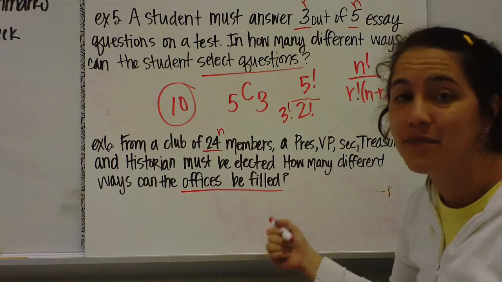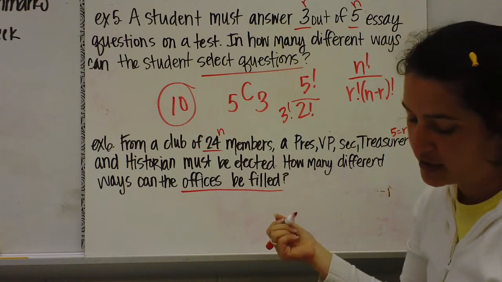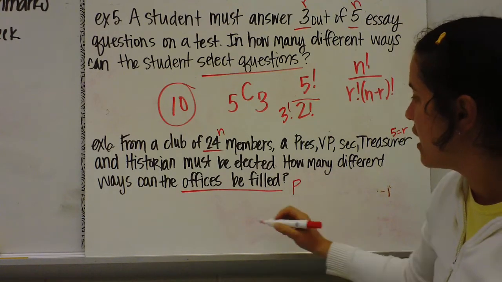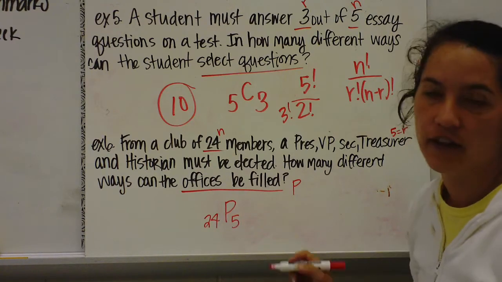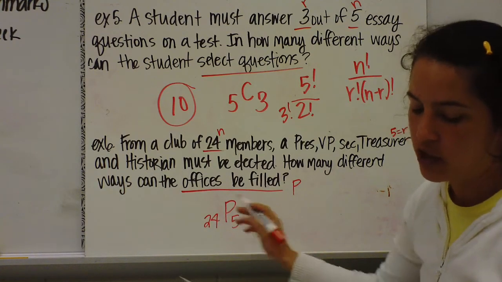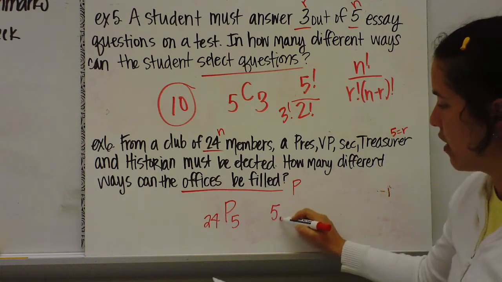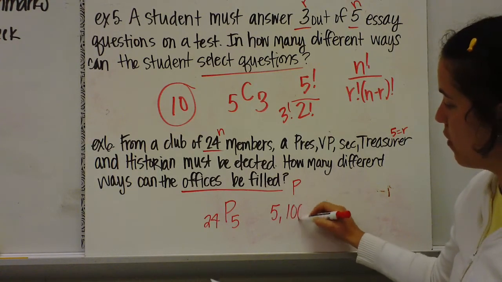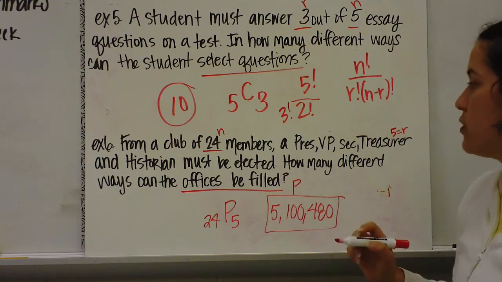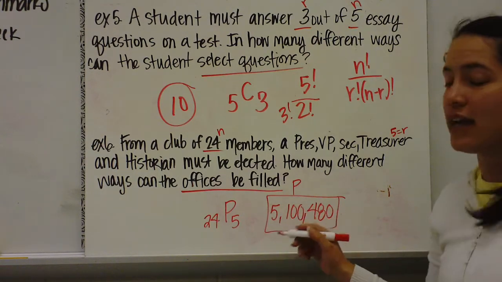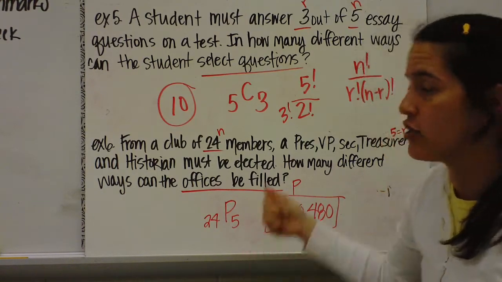And order does matter for offices. It matters who's president, who's vice president. So this is a permutation, and there are 24 permutation 5 taken at a time. So you would put this into your permutation formula, and we would come out with 5,100,480 different permutations. That's that many ways that those spots could be filled, and it is a permutation.